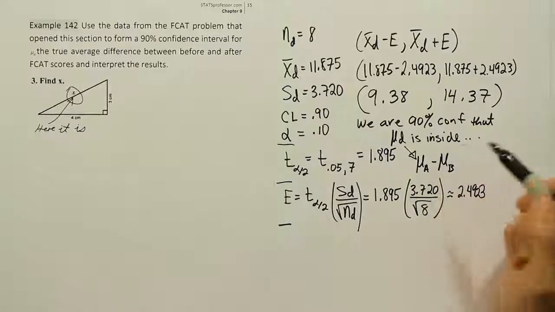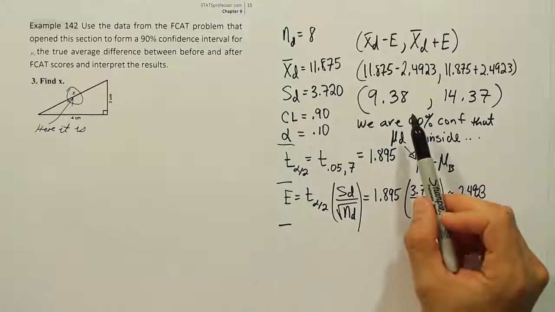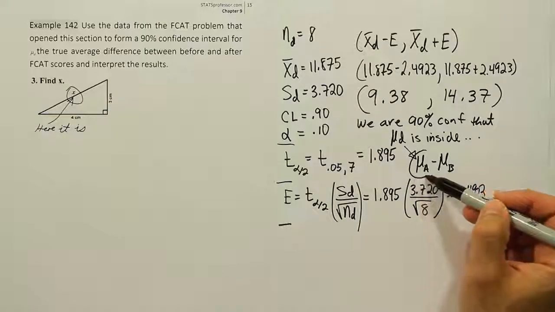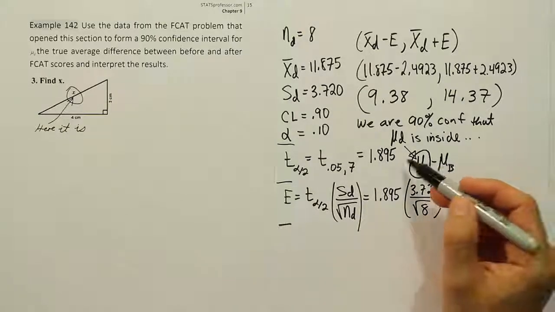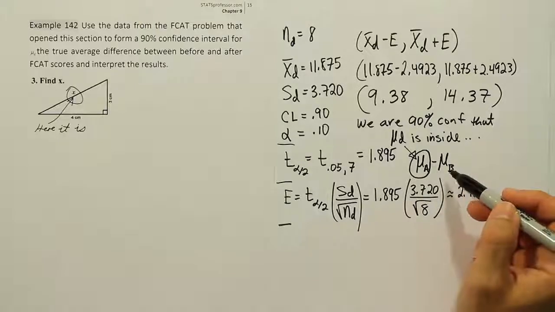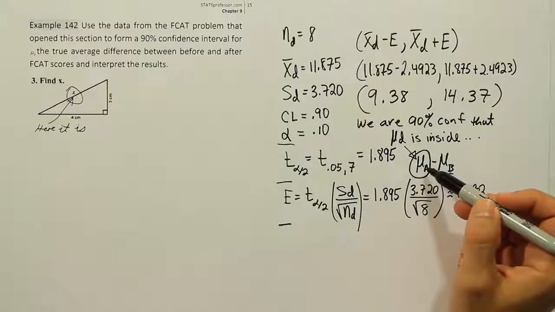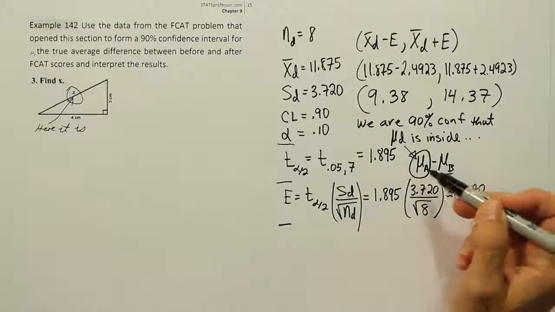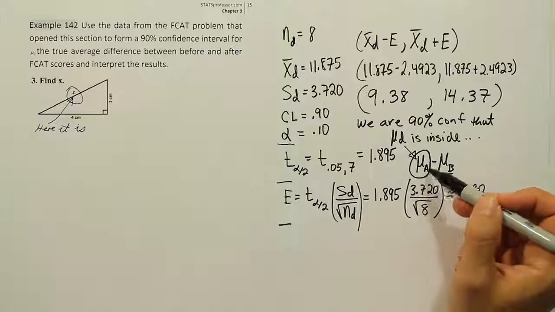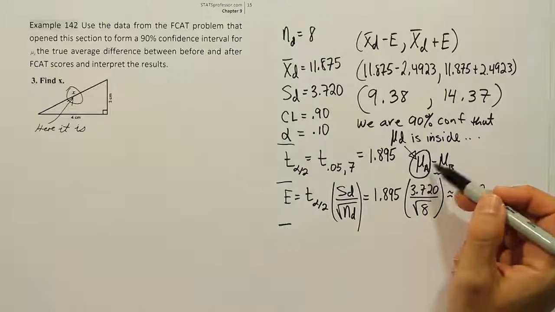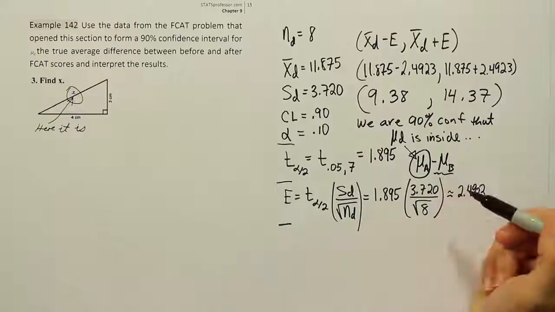Now, when you look at the interval and you see that it's fully positive, that it's completely a positive interval, it means this number is therefore higher than this number. So based on that, we're going to say that the mean after is better than, or bigger than, the mean before. Now we're talking about test scores here, so the fact that this mean is higher, that's why I said it was better. So the average score after test prep was higher than the average score before test prep.